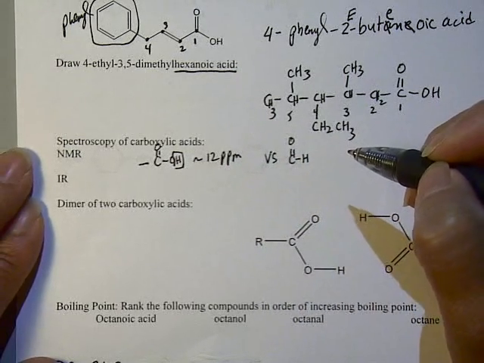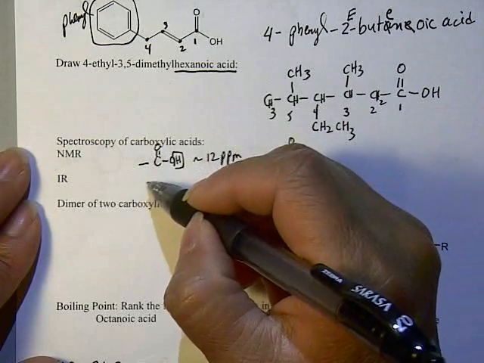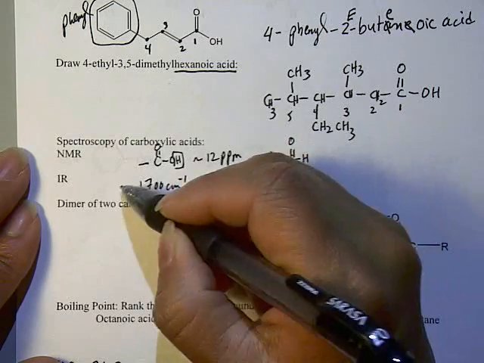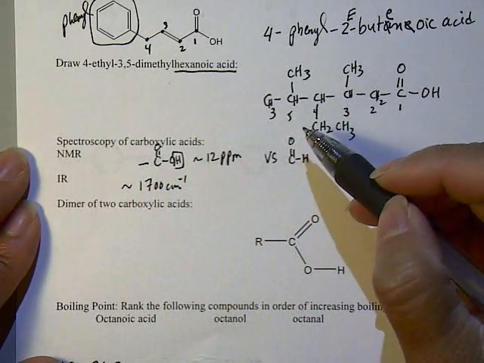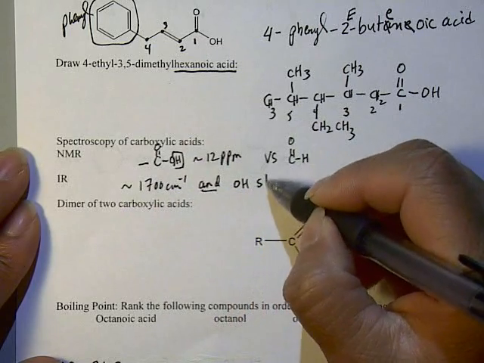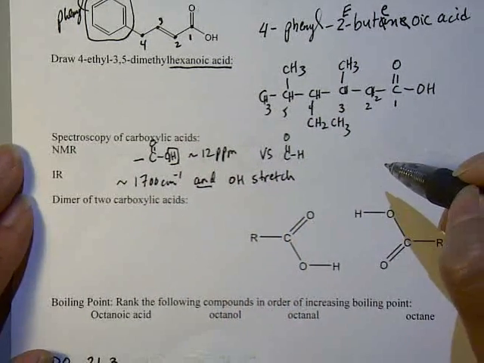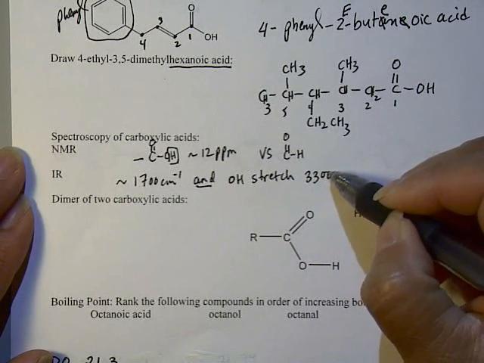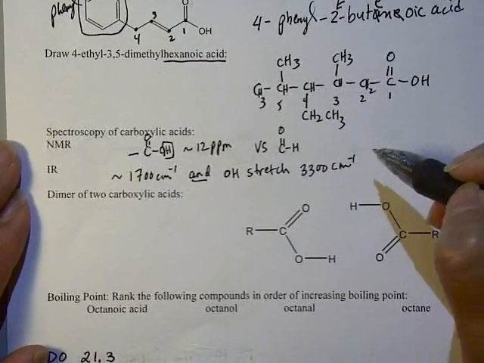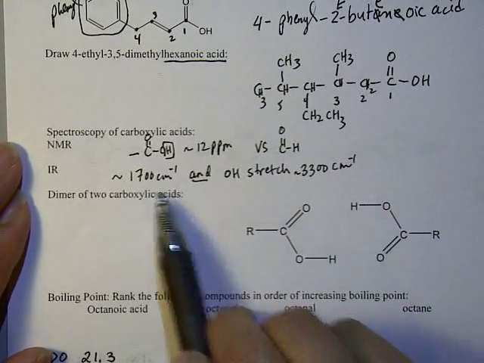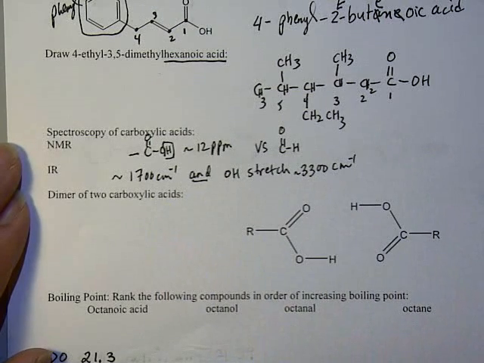You could distinguish that by IR because the carboxylic acid will have the carbonyl stretch around 1700, like the aldehyde, but then it will also have an OH stretch, which, as you know, is pretty big and broad, around 3000 to 3300 wave number.